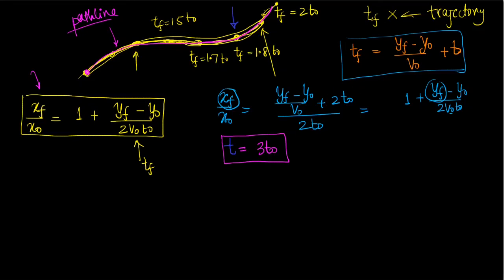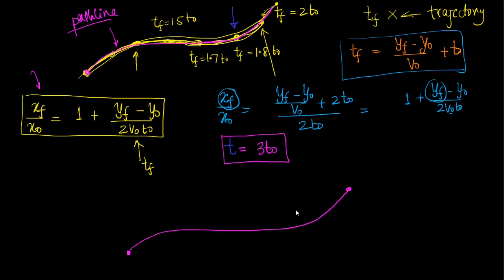Just to further clarify, the path line is this particular trajectory, and this trajectory is for a single particle. That single particle has a final time over here, over here, over here. So depending on what final time you take, you will end up with a point on this given curve.